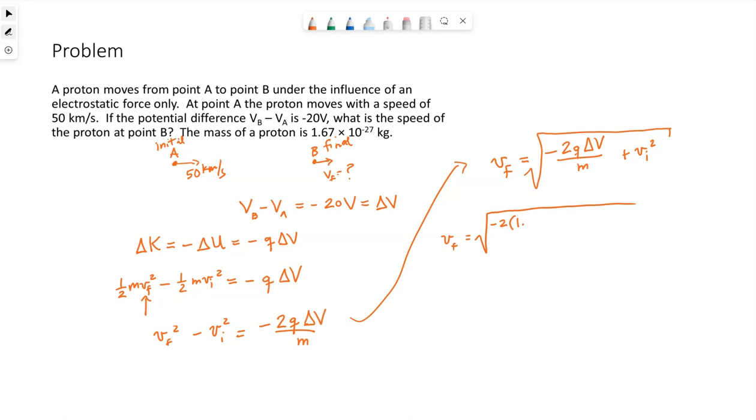Charge on a proton, the fundamental unit of charge, we can get off the test notes. Delta V is negative 20 volts. The mass of a proton they gave us in the problem. And the initial speed they gave us in kilometers per second. We do need that in meters per second.